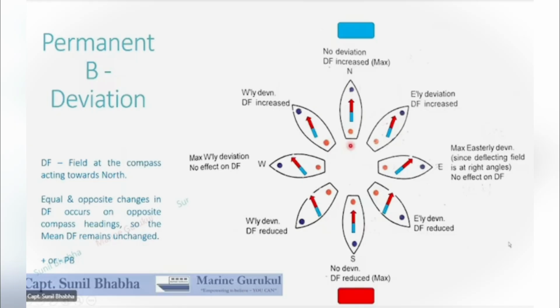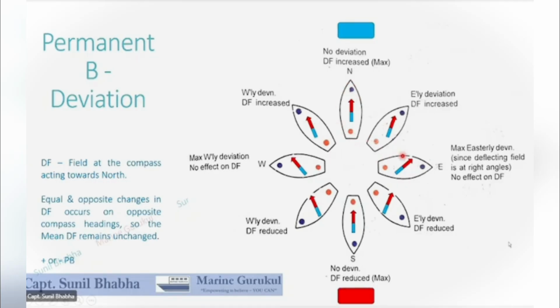Similarly, south of the compass we have the red magnetic pole of the earth and the ship's pole is also red. So Earth's red and ship's red also add up to the directive force. So in this particular northerly heading, the directive force is increased to its maximum.